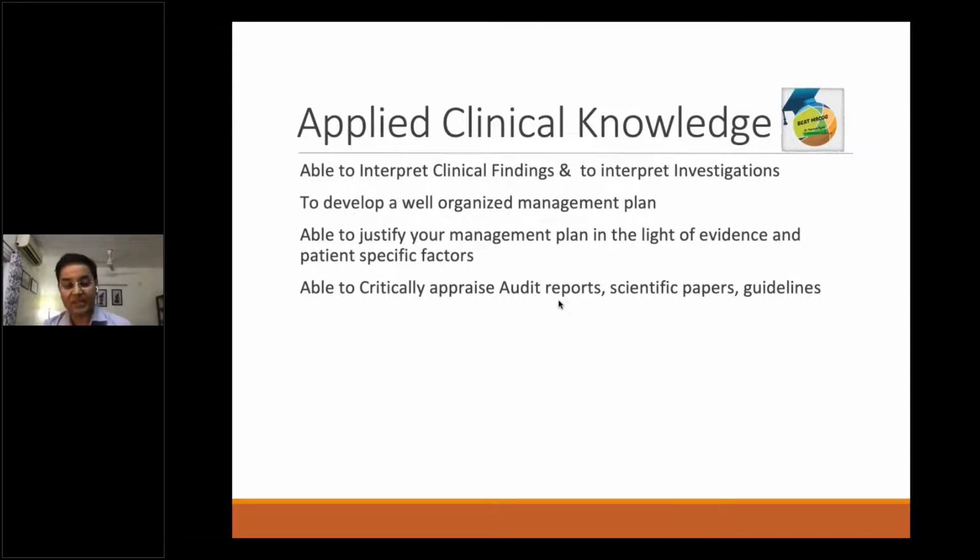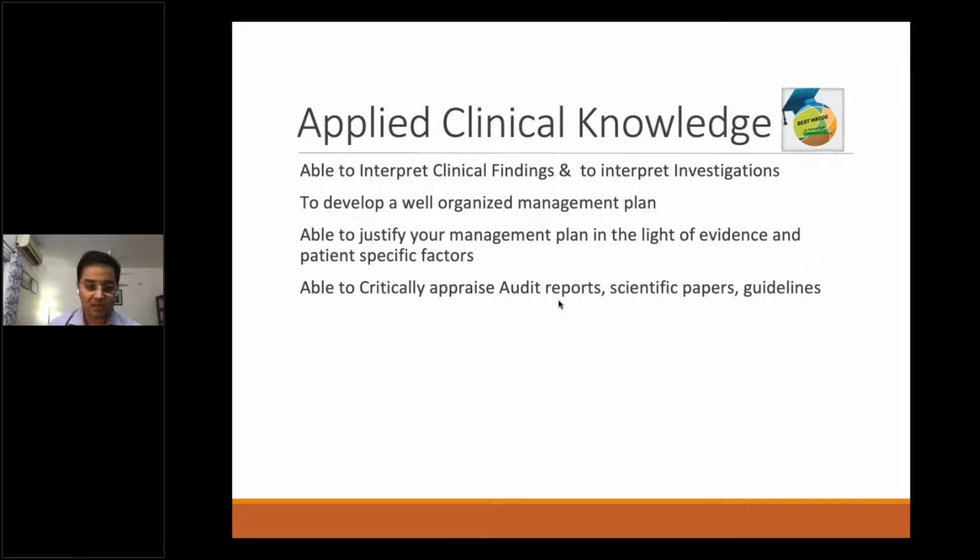The real importance of clinical knowledge is in understanding how to apply it to an individual patient. Given individual clinical findings and investigations, how to interpret them, and then have a well-constructed differential diagnosis and develop a well-organized management plan.